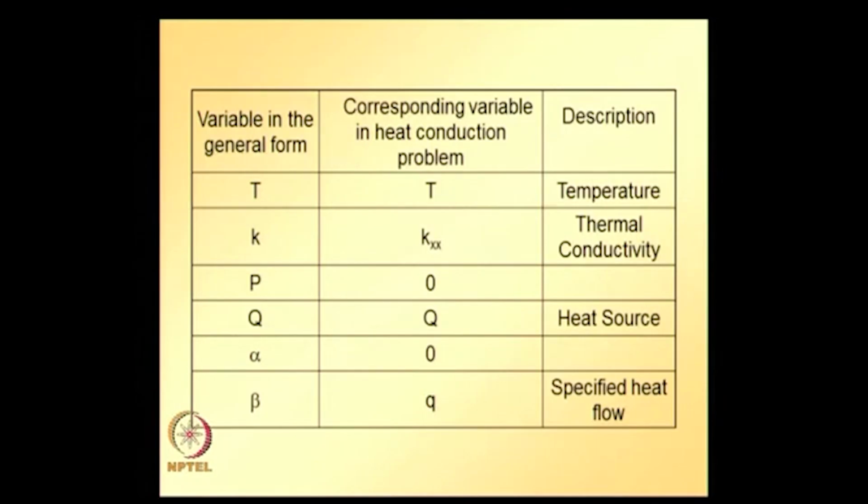So this table helps us. We already have the element equations assuming a linear finite element, for the general one dimensional boundary value problem. So with this table we can directly substitute the corresponding coefficient values and get the element equations for the heat conduction problem, or heat flow problem.